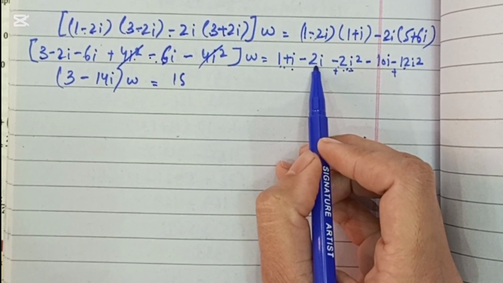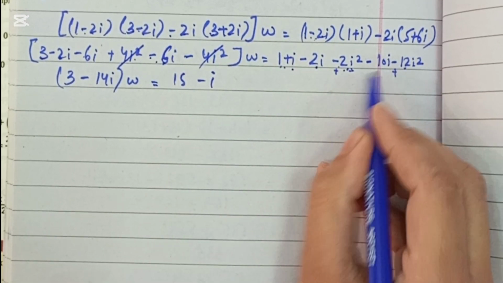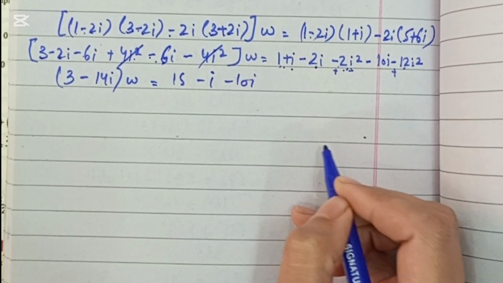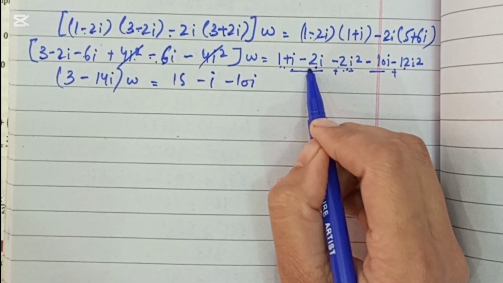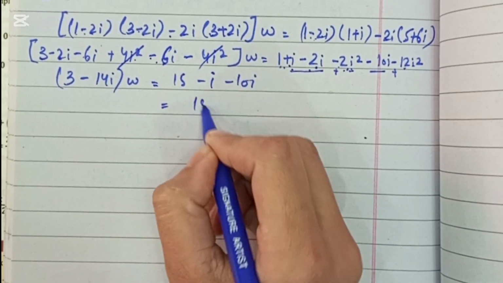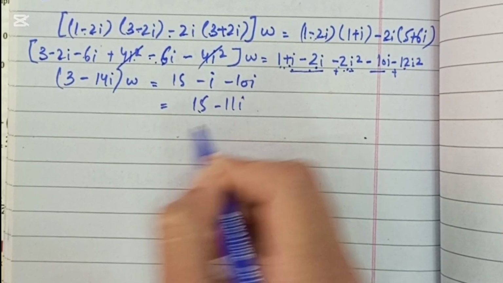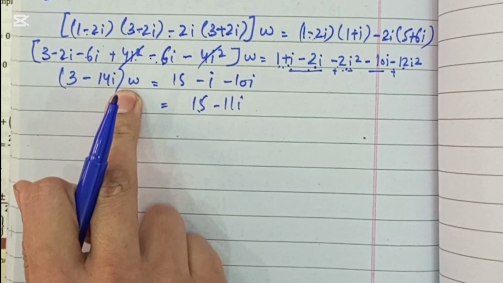Iota minus 2 iota is minus iota. This is minus 10 iota. Okay, so whole will be minus 12 iota plus iota is minus 11 iota. 15 minus 11 iota.